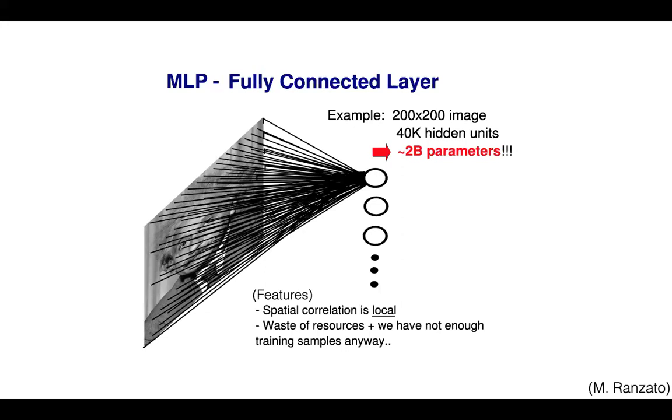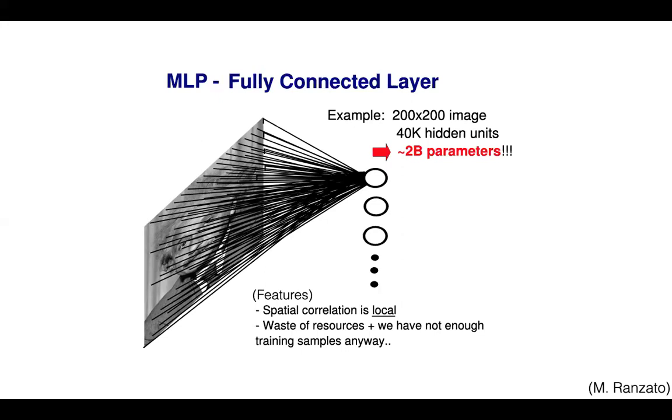If you apply this to images, let's take this example, 200 by 200 images, and if you have a multi-layer perceptron with hidden units of the same size, it would be 40,000 hidden units. And then just this fully connected layer will have 2 billion parameters, right?